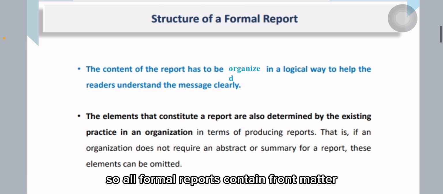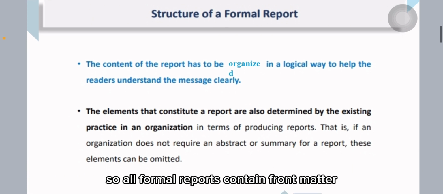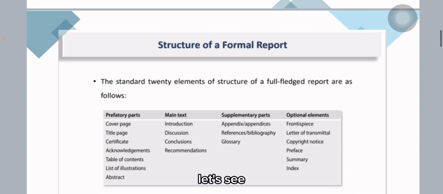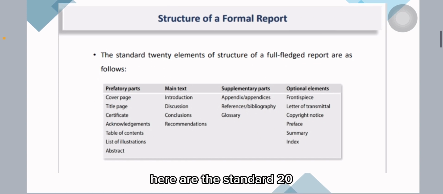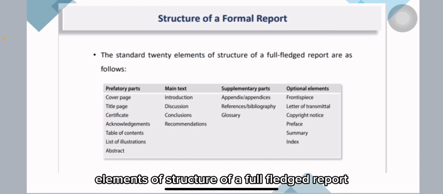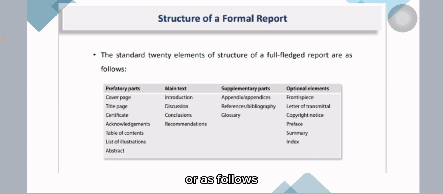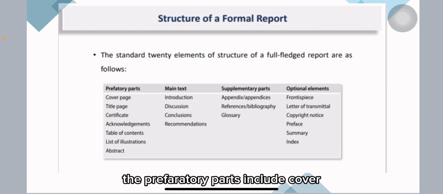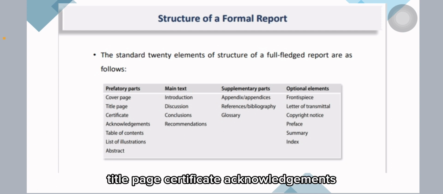All formal reports contain front matter, the body, and of course the back matter. So here are the standard elements of structure of a full-fledged report. The prefatory parts include cover, title page, certificate, acknowledgements, table of contents, list of illustrations, abstract.